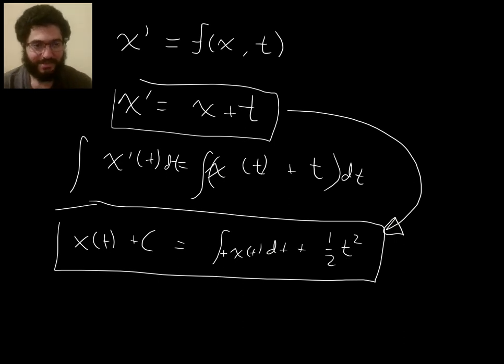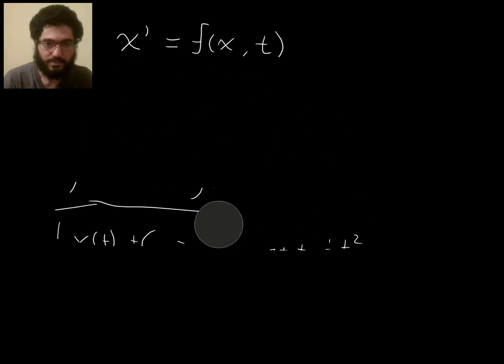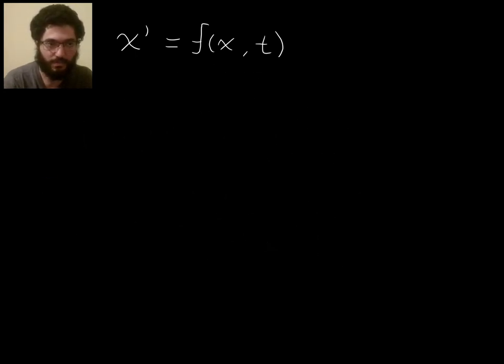Alright, so here I'm showing you when integration does not help you solve a differential equation. Now, when does it actually help you? The trouble with this example was that there was some x dependence. When you're looking at a differential equation, it's going to be something involving x prime and t and also x. But what if that x dependence were not there?